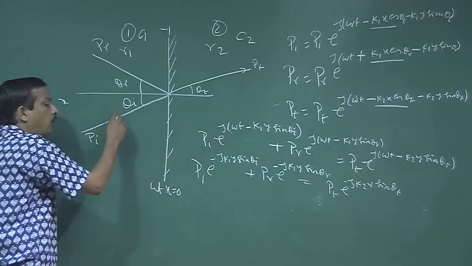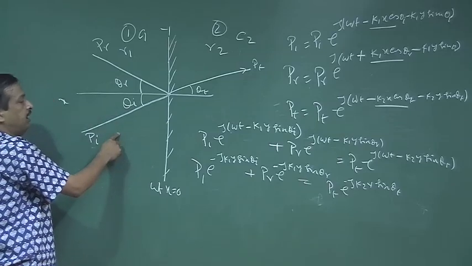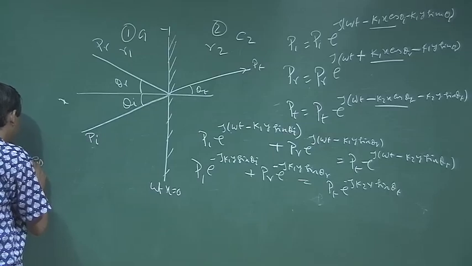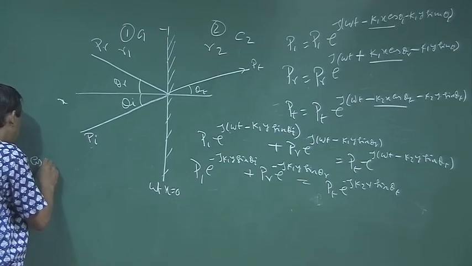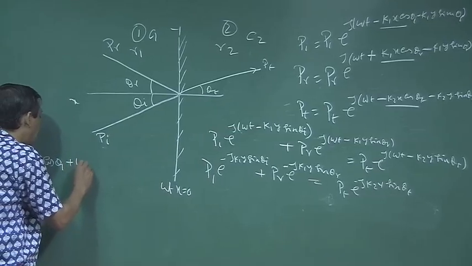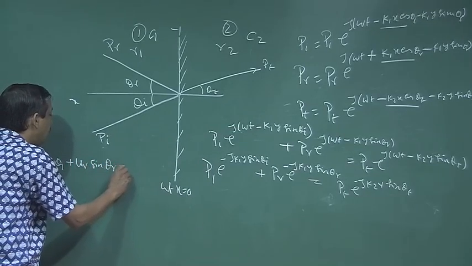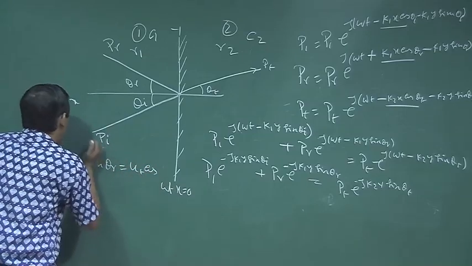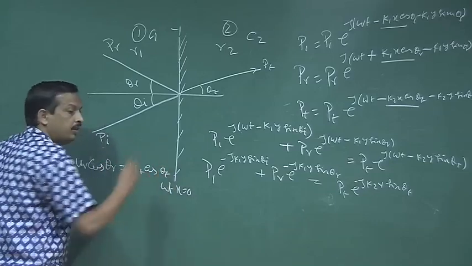Then the normal component of the velocity will be equal. So, ui cos theta i plus ur cos theta r will be equal to ut cos theta t, where cos theta r equals cos theta t.